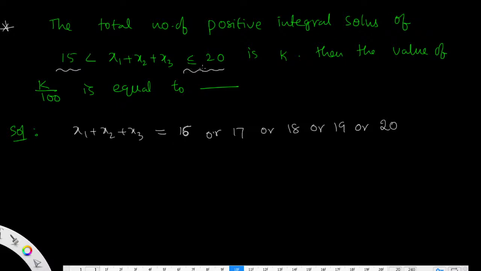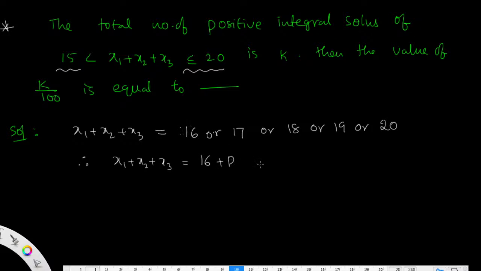So 20 is also included. Therefore the condition is x1 plus x2 plus x3 equals 16 plus some value p. This is 16.